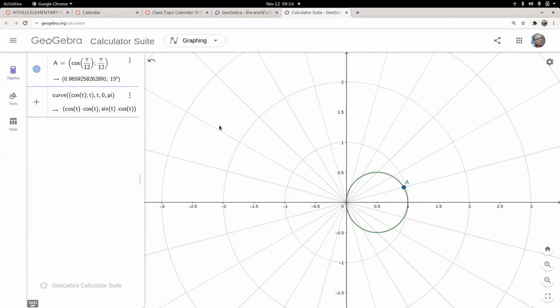So there's the graph. If I go less than pi, like maybe 5 pi over 6, then I don't quite get a full cycle of this thing.